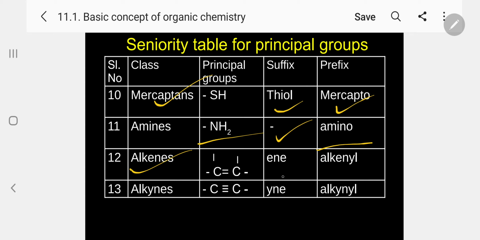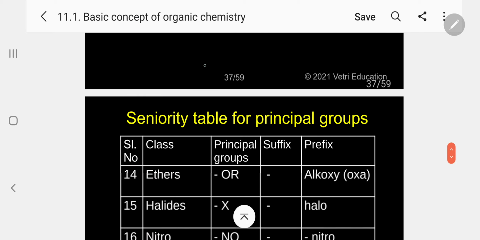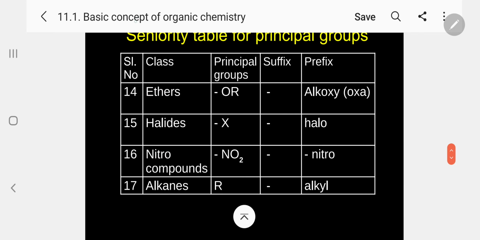The next comes alkenes, suffix ENE, prefix alkenyl. Next alkynes, C triple bond C, YNE, alkynyl. Then ethers, there is no suffix, prefix alkoxy or oxa.